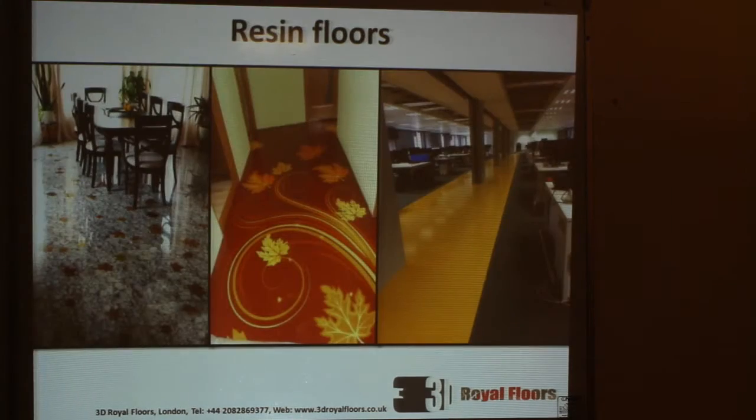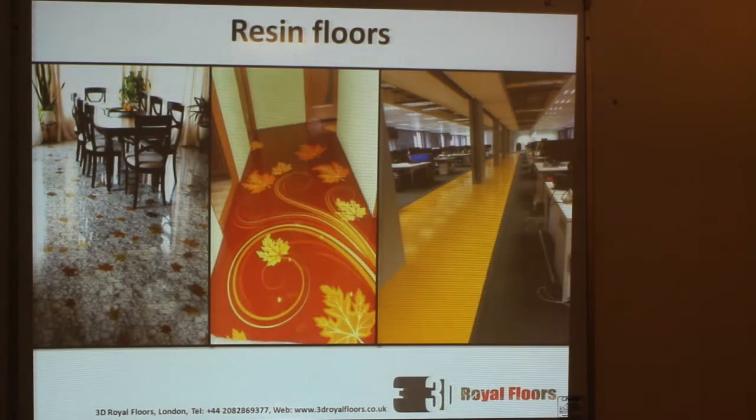Here we've got a couple of pictures which give us an idea of the resin finishes. On the right hand side we can see a yellow resin in an office, applied in between the carpet, which is a nice combination, creating a walkway for the employees.